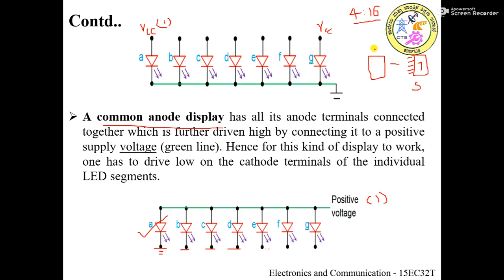A 4:16 decoder will have 4 inputs and 16 outputs. But the number of inputs required for a 7 segment display is only 7, so 9 outputs are not at all required from this decoder.